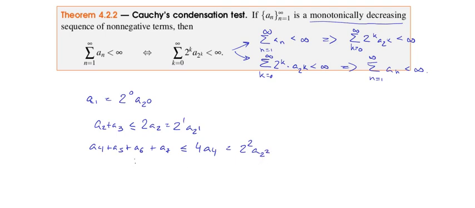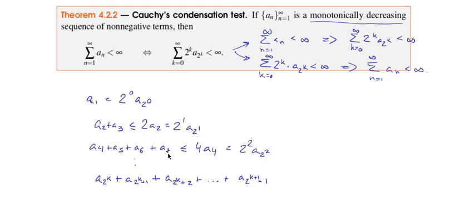And as you can see, we can think of generalizing this and saying a sub 2 to the k plus a sub 2 to the k plus 1, so this is the index, then a sub 2 to the k plus 2, plus all of them up until a sub 2 to the k plus 1 minus 1.